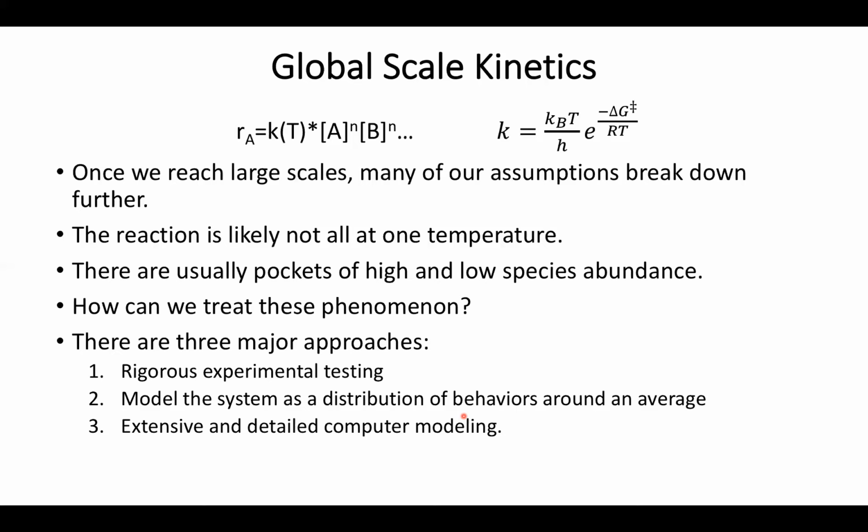Again, the detail of the model is often dependent upon how much time you have, but it often requires a lot of data about what's happening at the molecular or local scale to inform a true global scale model.